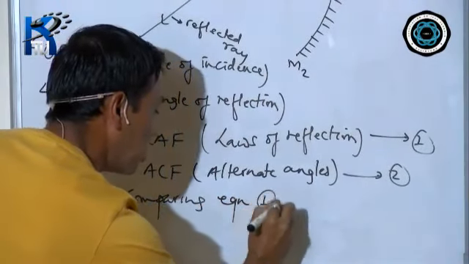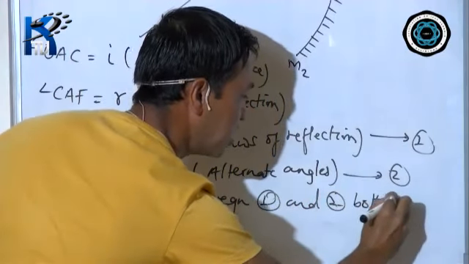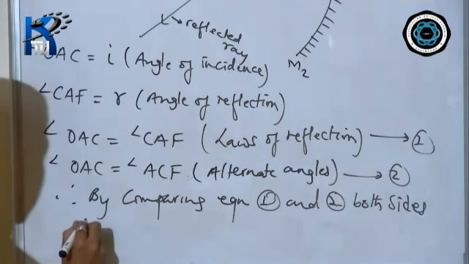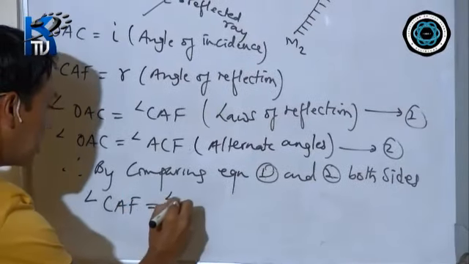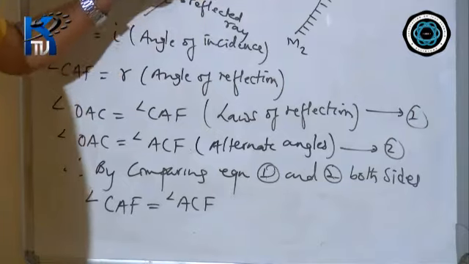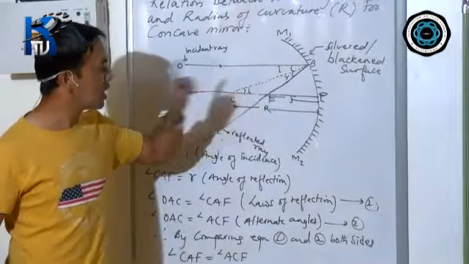Comparing equation 1 and 2 both sides, we can write angle CAF equals angle ACF.